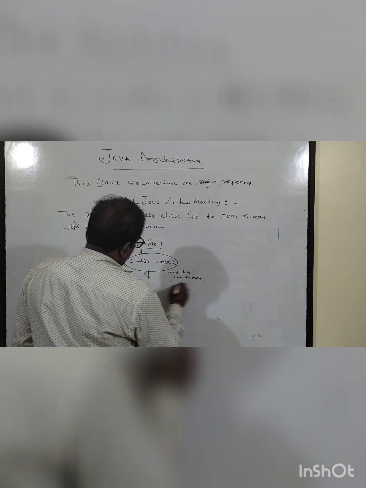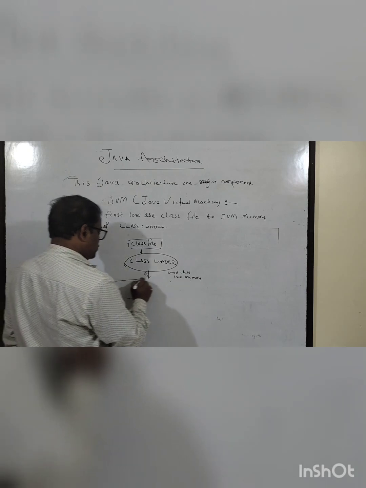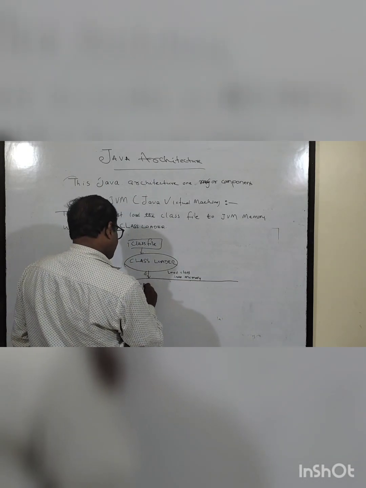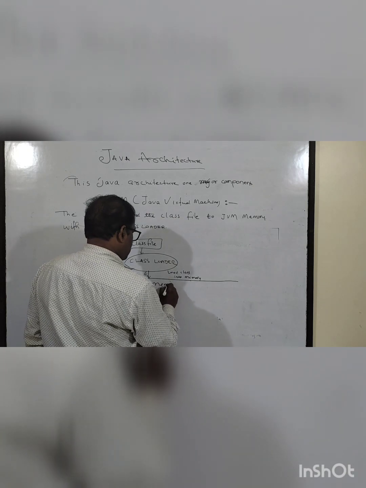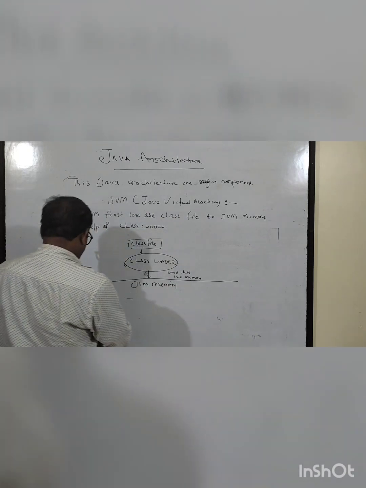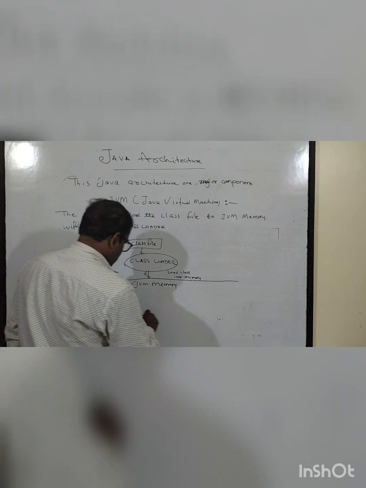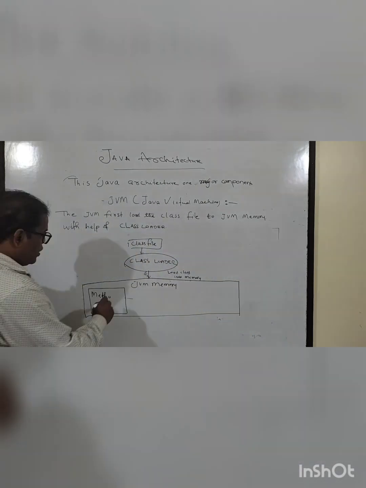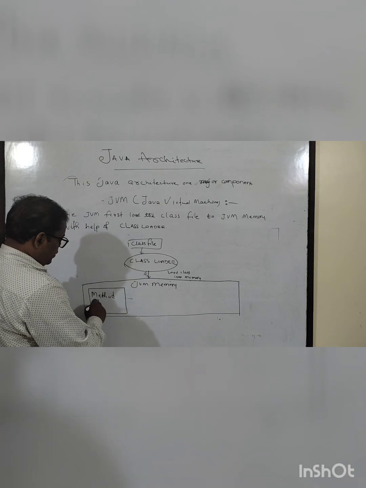Now we come to the discussion of what is called JVM memory. This is the JVM memory. This is the method area.